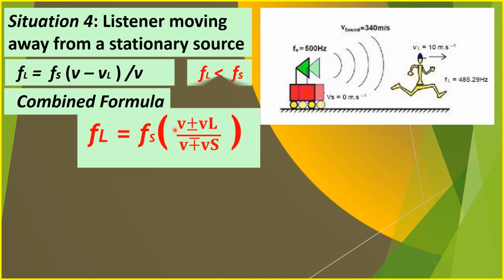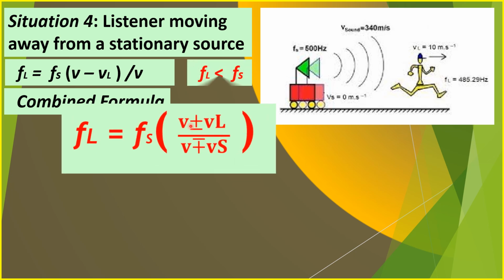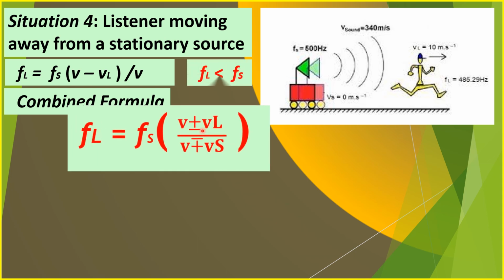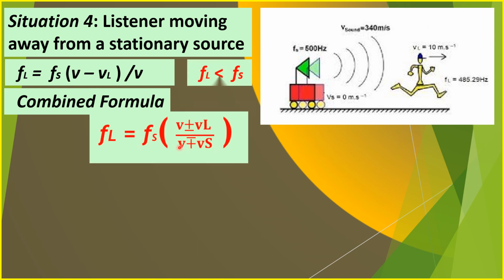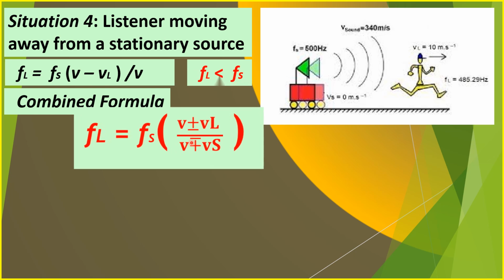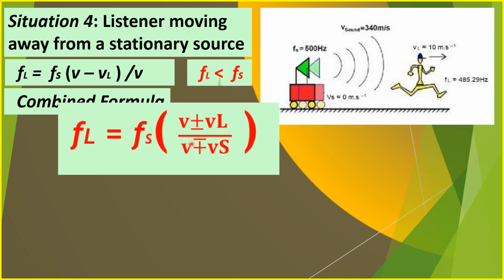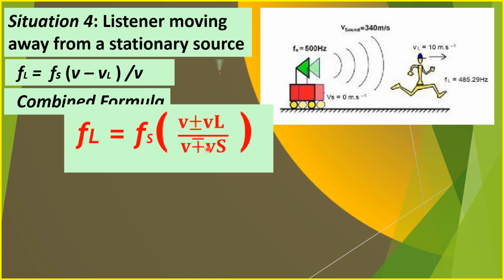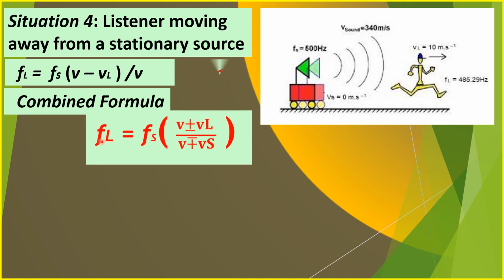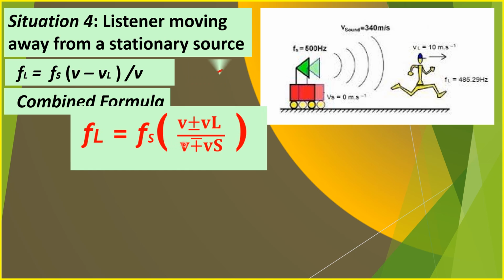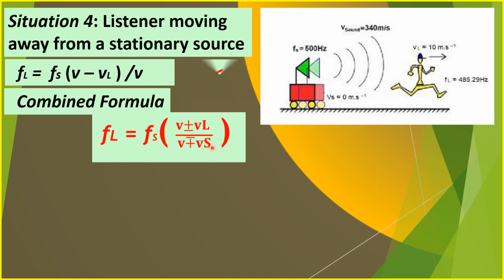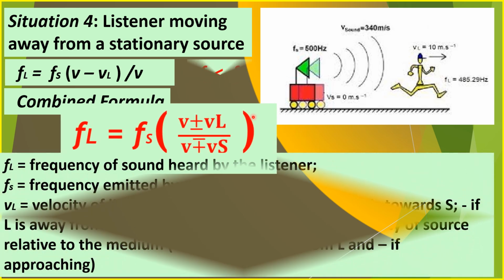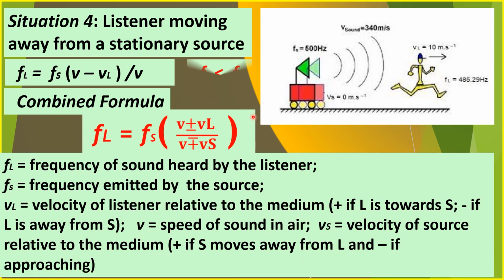We have the speed of sound in still air plus or minus the speed of the listener, divided by the speed of sound in still air minus or plus the speed of the source. We have defined the meaning of each of these quantities earlier, but I'm presenting it here again.